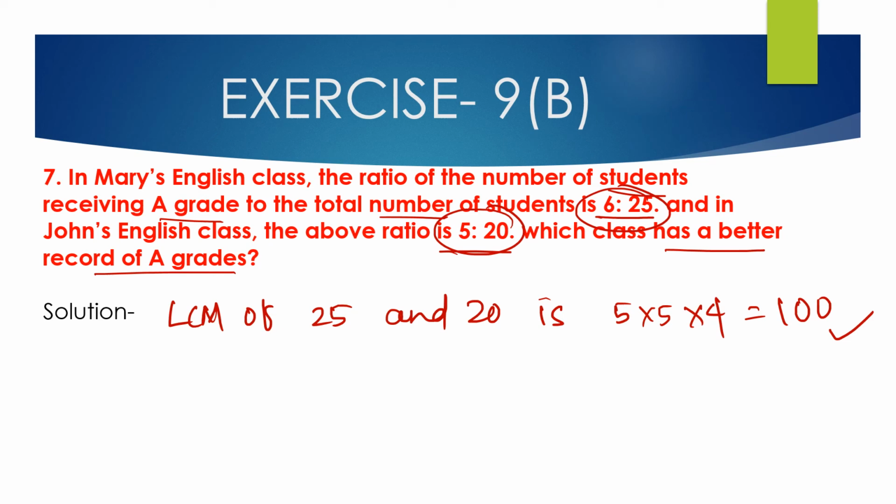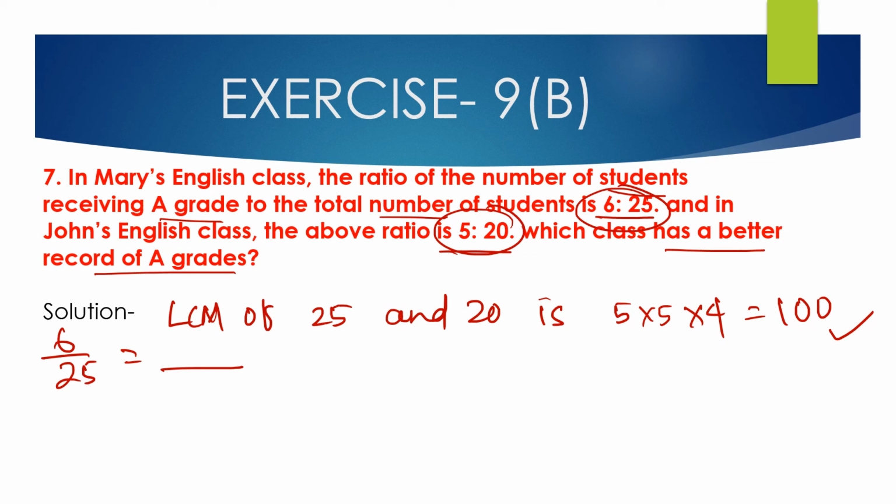Now we have to convert the ratio 6 is to 25 into an equivalent ratio, that is, equate the consequent 25 with the LCM 100. Which number do we multiply with 25 to get the LCM 100?